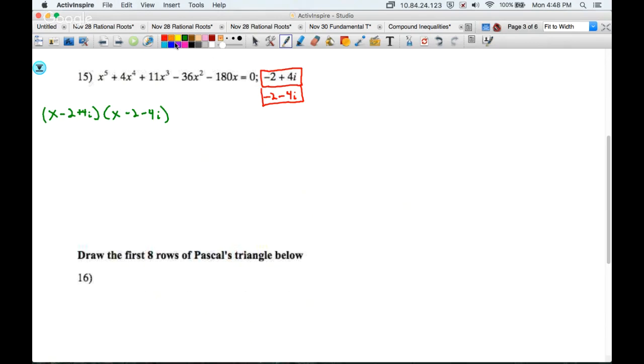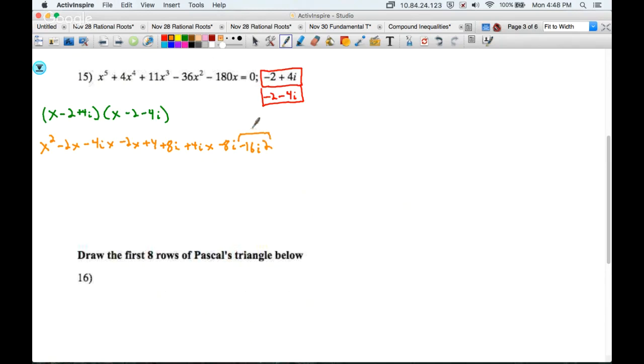Just using factor theorem, let's distribute them. X squared minus 2x minus 4ix minus 2x plus 4 plus 8i plus 4ix minus 8i. 4 times -4 is -16 i squared.